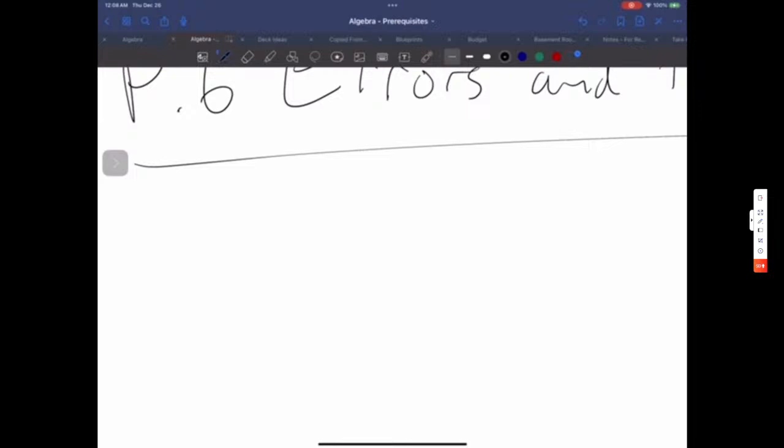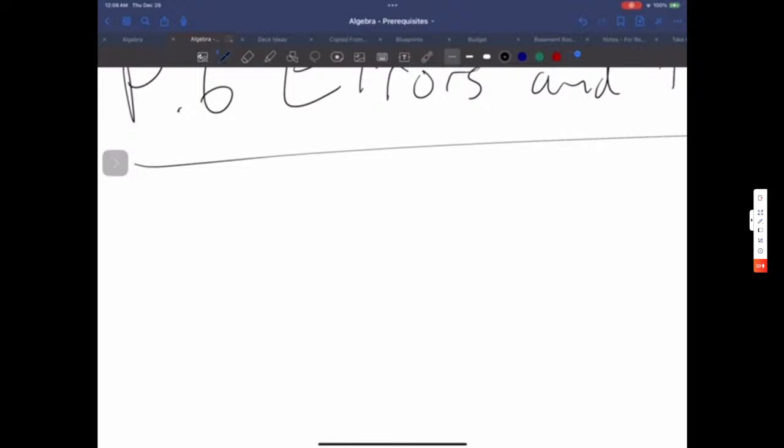Okay, so here are algebra errors that many beginners fall into, many traps that beginners fall into, because the algebra seems to be correct, but when you reveal it, it turns out to be incorrect. So be very careful with these.